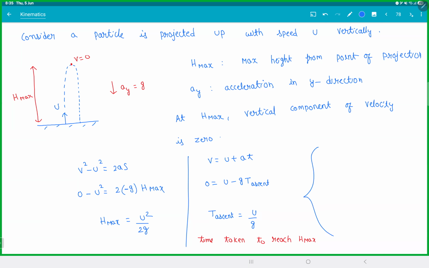A better way of writing would be this. I would prefer writing like this: Hmax will be uy square, the vertical component square, by 2ay. This is a better formula because later on when we do two-dimensional motion, the height depends only on the vertical velocity. So uy is your initial vertical velocity.